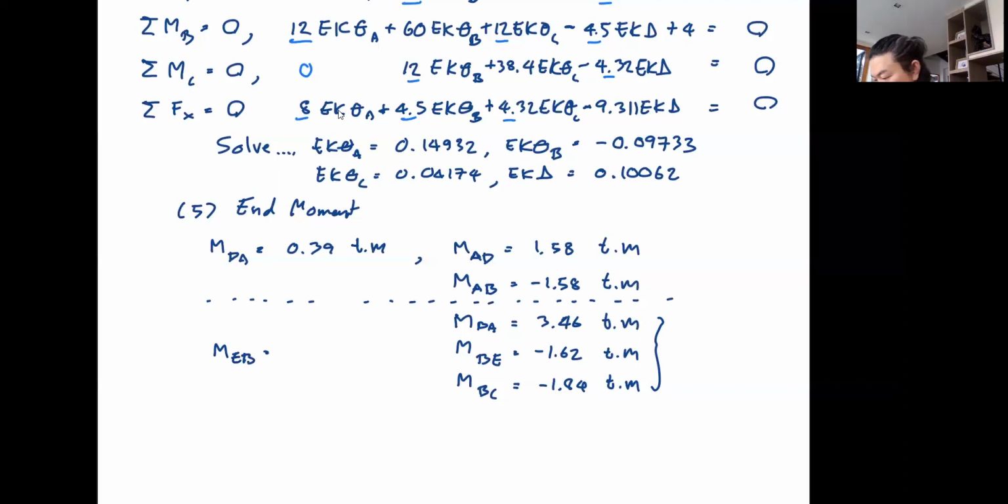MEB, that's minus 1.04 ton-meter. Okay, and BC should be the opposite of MCB, right?